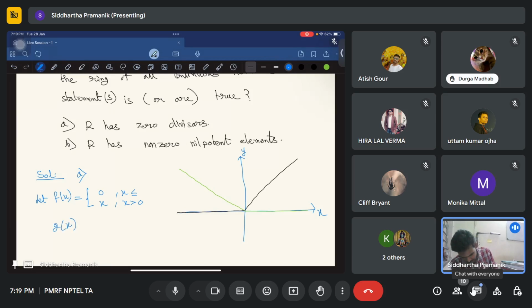And g of x is x when x is less than or equal to 0, and 0 when x is positive. This is the function which I drew in green. This one is your g, this one is your f.